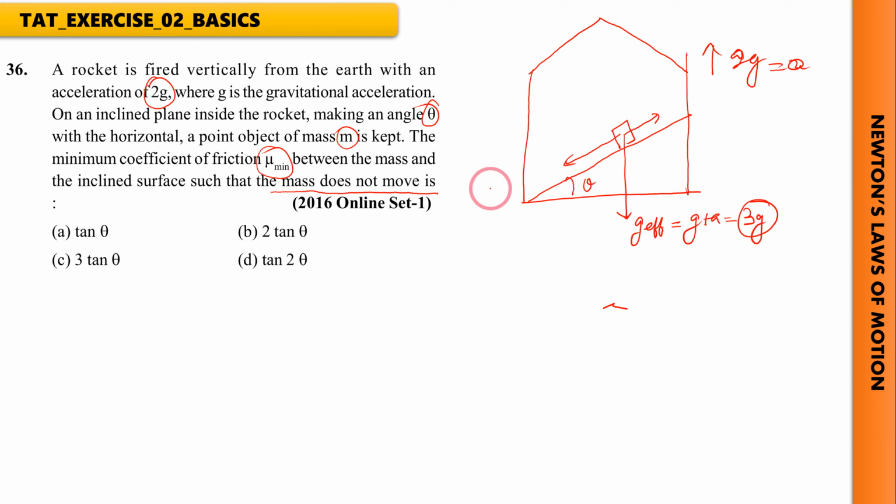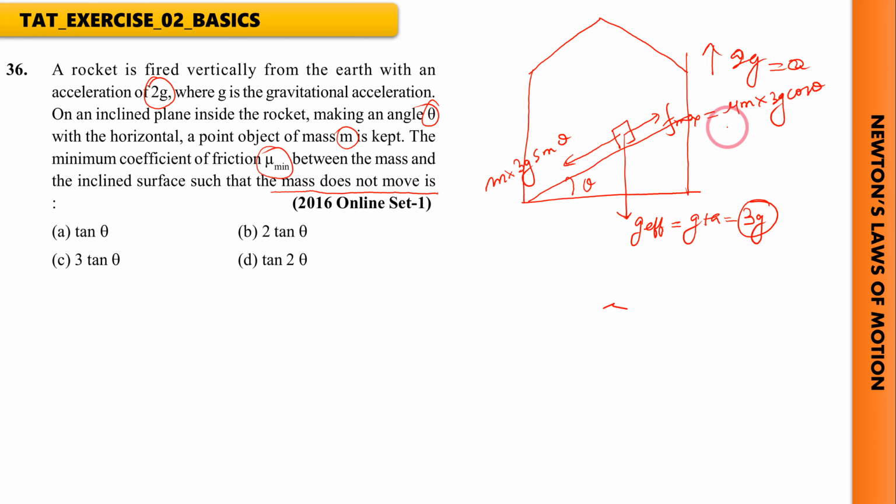Now on downside plane it is mg, so m into 3g into sine theta, this is the force acting down the plane. Likewise, friction maximum which will require to balance it is mu m into 3g cos theta up the plane.